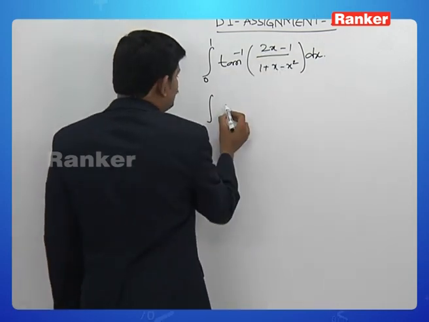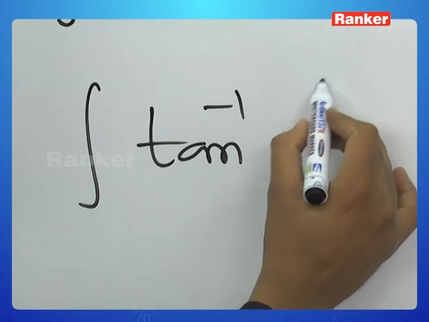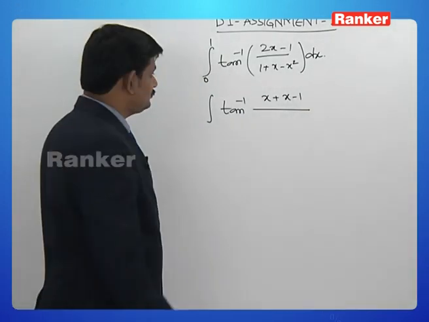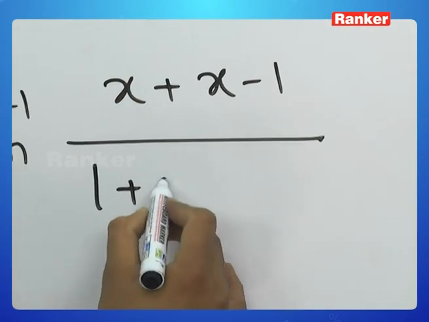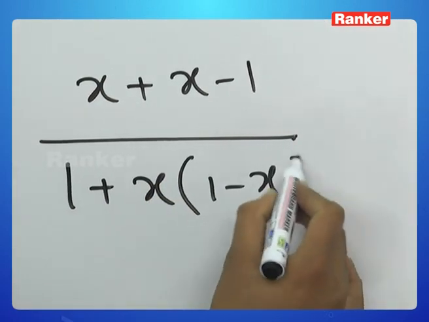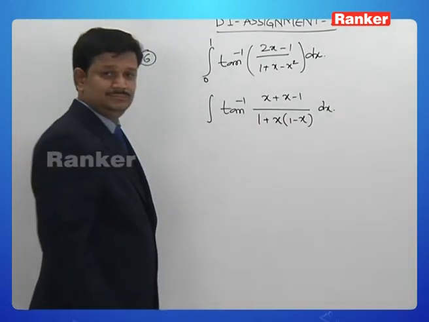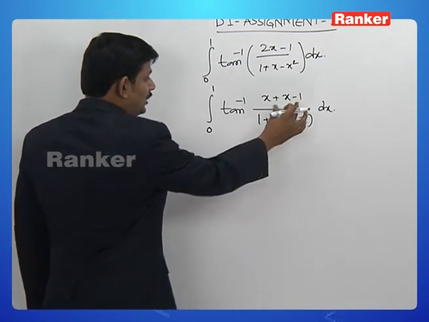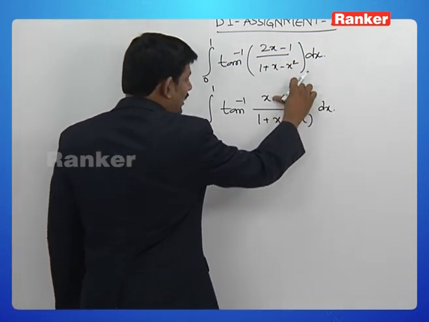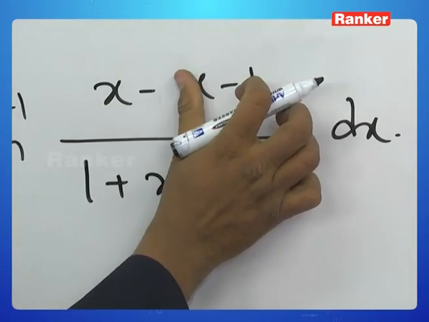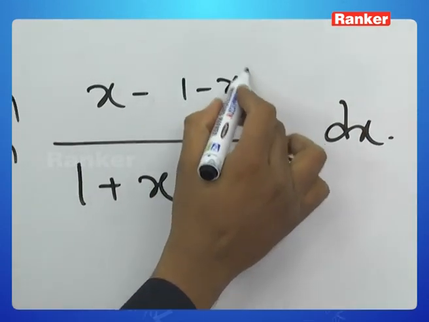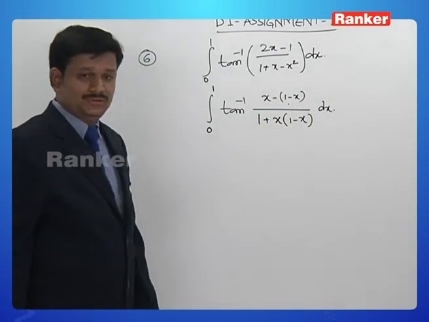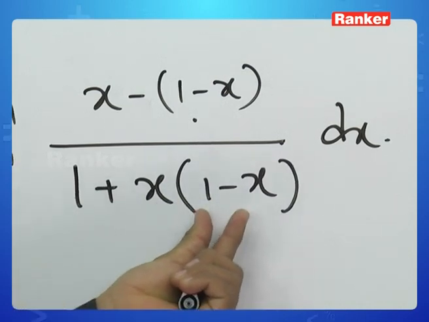This 2x minus 1 we can see as x plus x minus 1 divided by 1 plus x into 1 minus x dx, varying from 0 to 1. Now, if this x minus 1, I write it as x minus 1 minus x, x minus 1 minus x is 2x minus 1 divided by 1 plus x into 1 minus x.